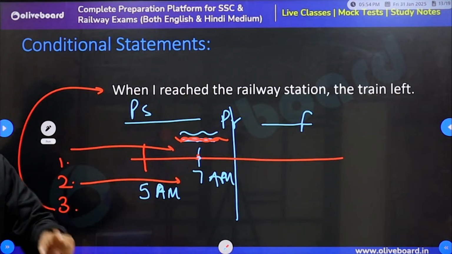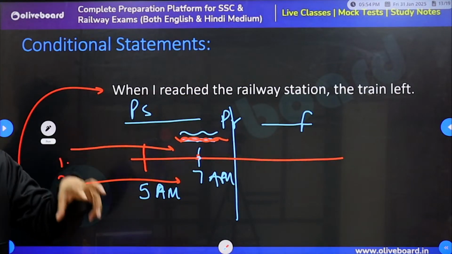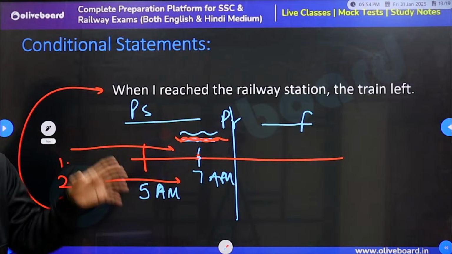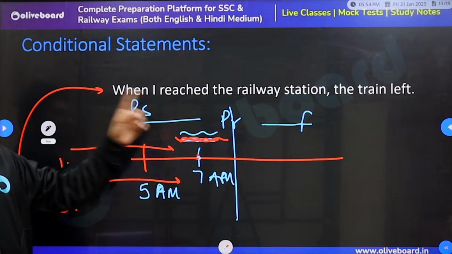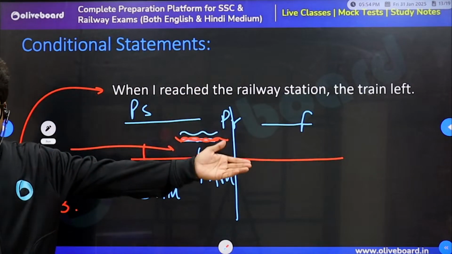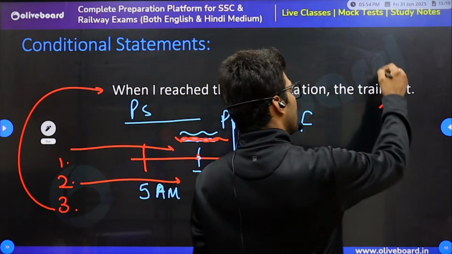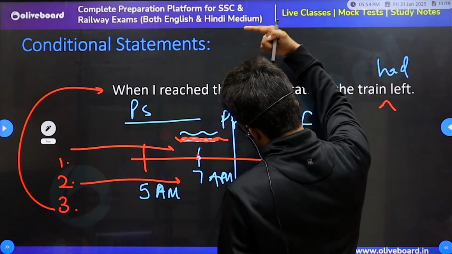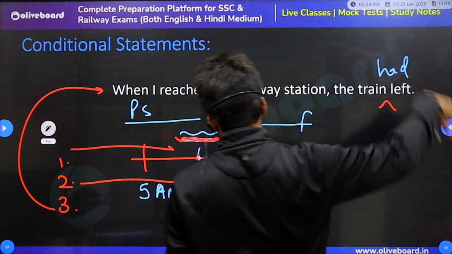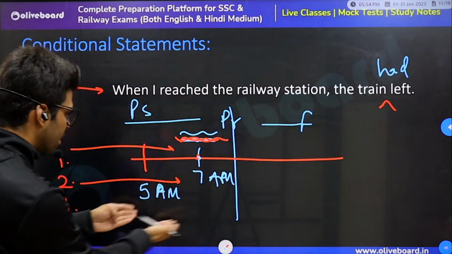So in that case, when both of the actions did not happen at the same time, we use past indefinite for the one which happened later, and past perfect for the one which happened before. That means the train had left before I reached the railway station. I reached later, the train had left before.